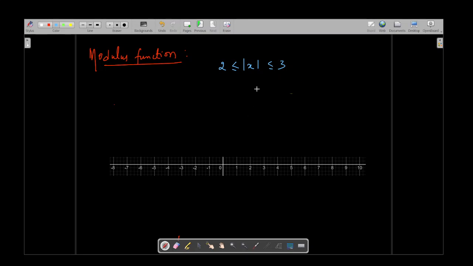It means, from these two I can write 2 less than or equal to modulus of x, and from the second part I can write modulus of x less than or equal to 3. So this means modulus of x greater than or equal to 2, and modulus x less than or equal to 3. I'll take another number line.